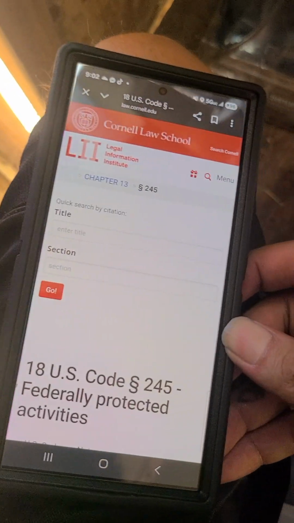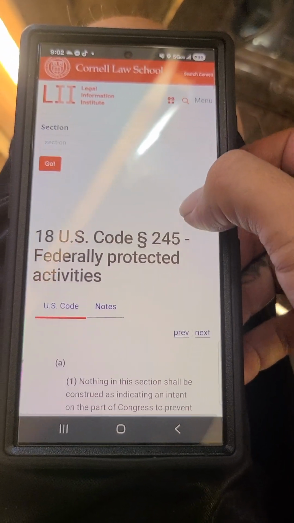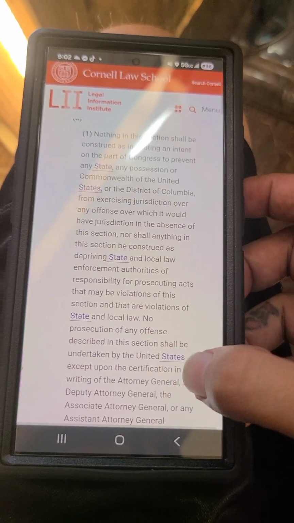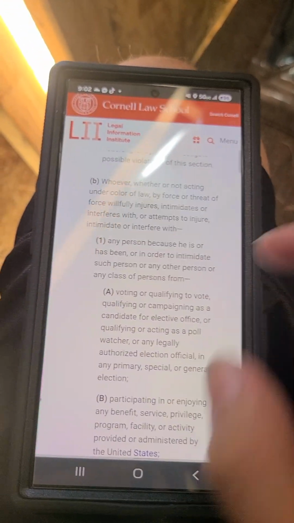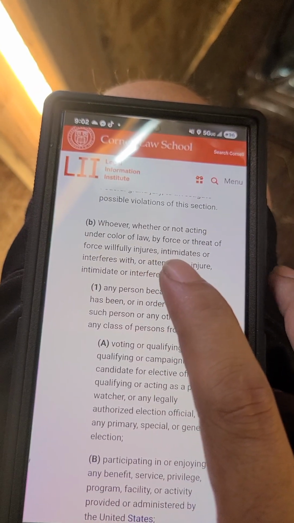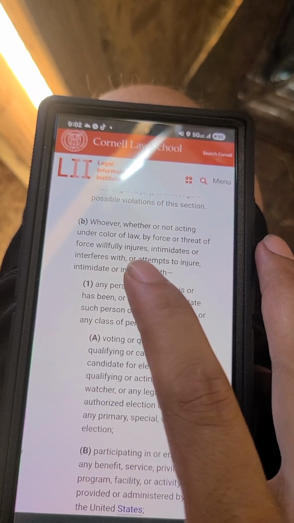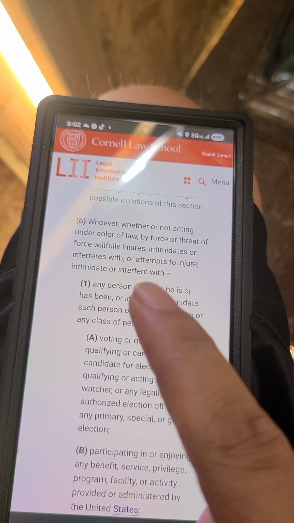So this is the Cornell Law School Legal Information Institute, and what we looked up was 18 U.S. Code section 245, which is a list of federally protected activities. You can read all of this if you want, but if you scroll down right here, it very clearly states that whether or not acting under color of law, by force or threat of force, willfully injures, intimidates, or interferes with, or attempts to injure, intimidate, or interfere with.